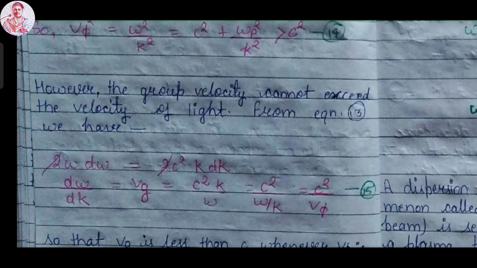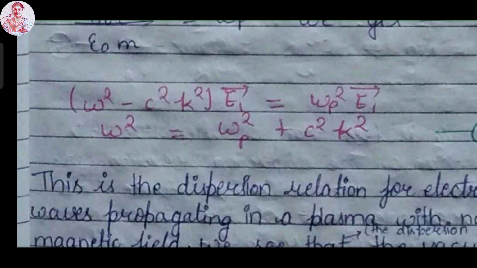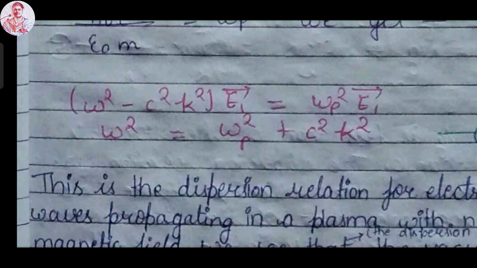For group velocity, we know that Vg, the group velocity, is equal to d omega by dk. To find the value of d omega by dk, we have to differentiate the dispersion relation equation. In the dispersion relation, omega square is equal to omega p square plus c square k square.